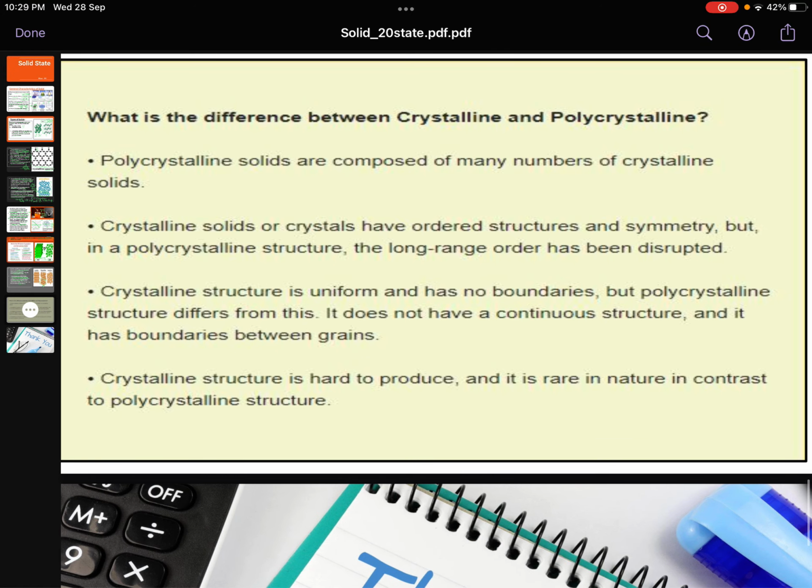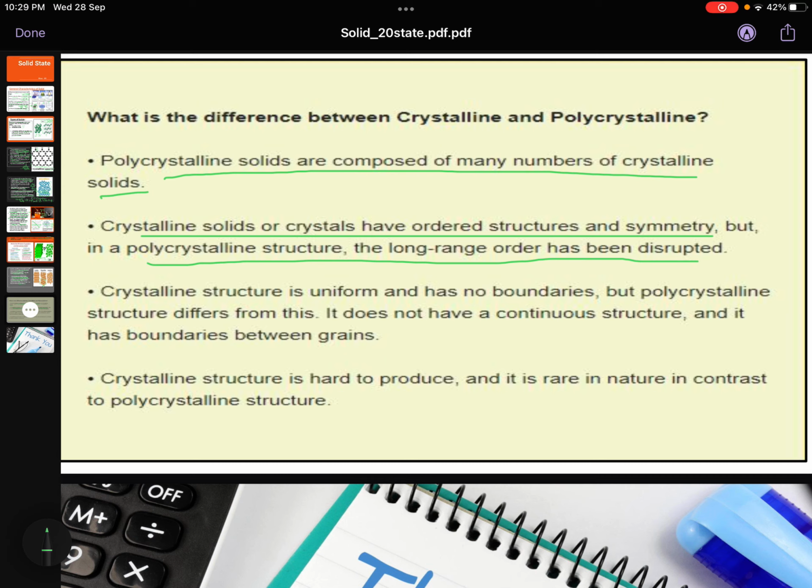What is the difference between the crystalline and the polycrystalline? Polycrystalline solids are composed of many crystals. They are actually made of crystalline solids, but they are not the same as crystalline solids. Crystalline solids, or crystals, have ordered structures and symmetry, as we have already studied, but the polycrystalline structures do not have the long range order.